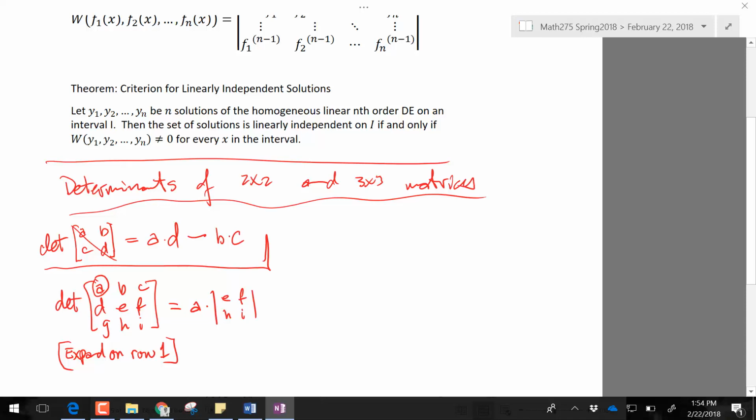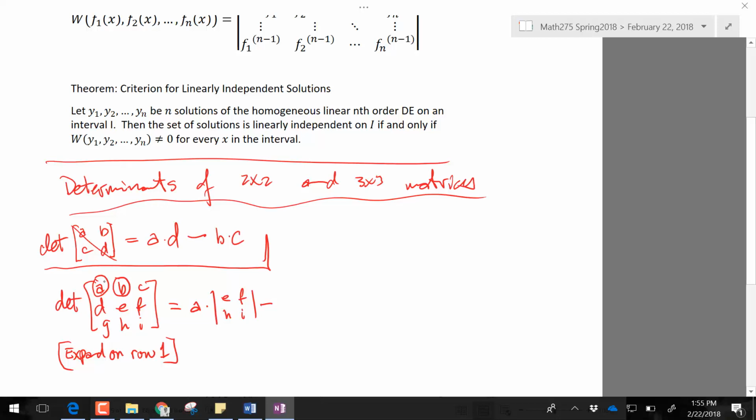Okay? Now here's the other tricky part. As I expand on my row, the first one in the upper left-hand corner has a positive sign. As I move along a row or a column, my signs are going to alternate.